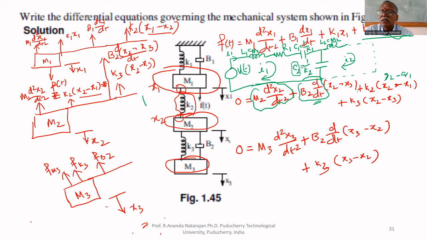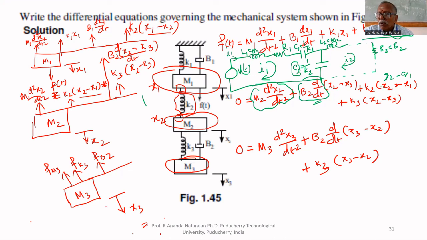For X2 minus X3, one resistor is there, that is R2 equals B2. Current through this is I2 minus I3.